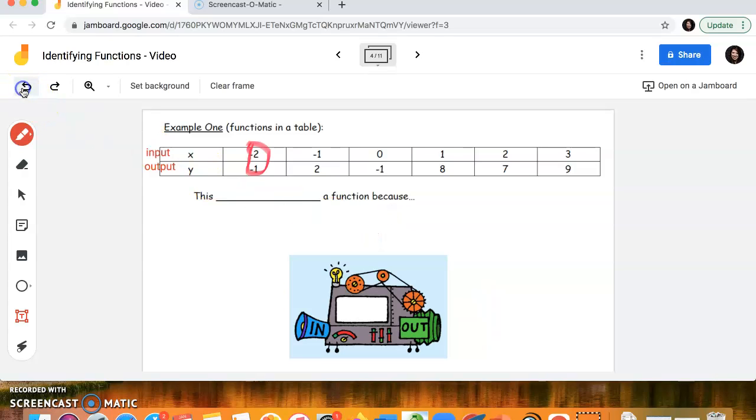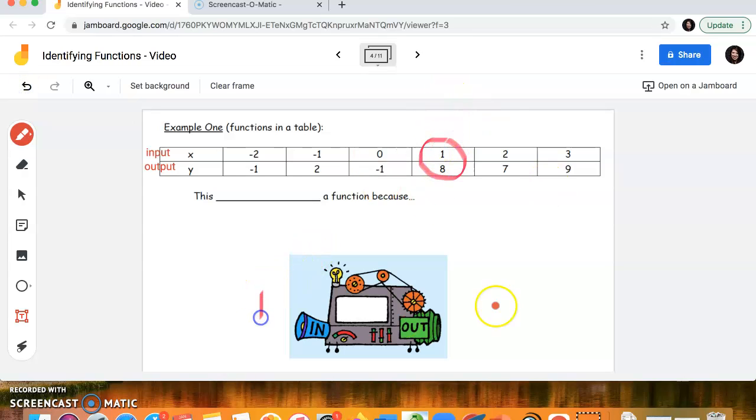And then if we plug in the -1, we put that into our machine, we get out a +2. Again, looks like a function. We're only getting out one output per number. Then if we put in the 0, we're getting out the -1. Again, looks like a function. Each time we're doing this, we're only getting out one number, which is the way it's supposed to work.